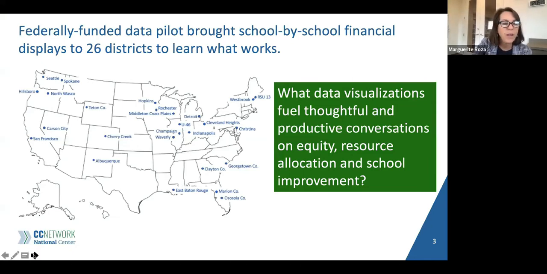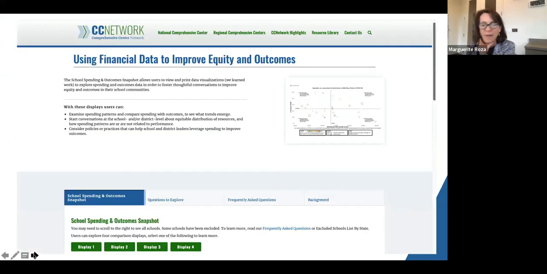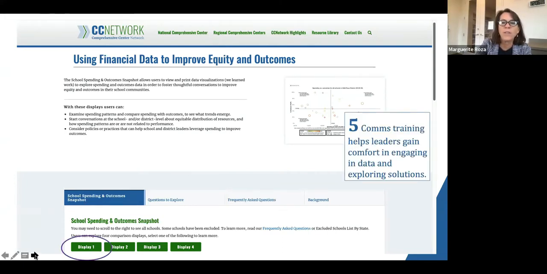So I want to jump in here and tell you we have this new tool. I think in the chat, you'll get the link to the tool, and I'll walk you through it in a moment. But it has 4 displays. Here's the information on the 4 displays. And then along the left, you can actually select the displays. The tool is the equivalent of a one-stop shop.